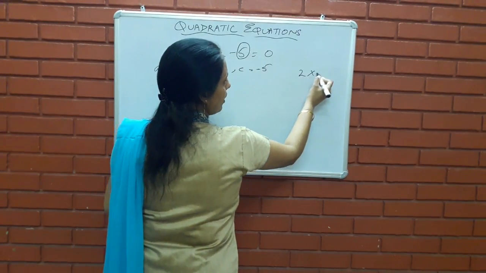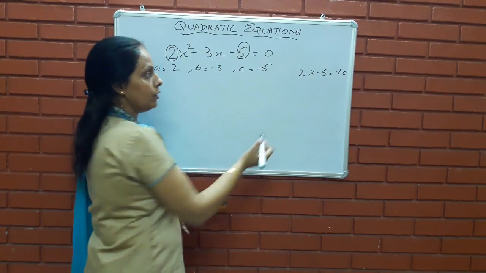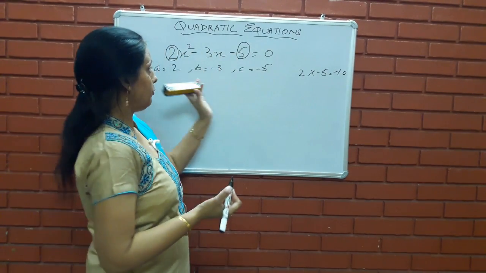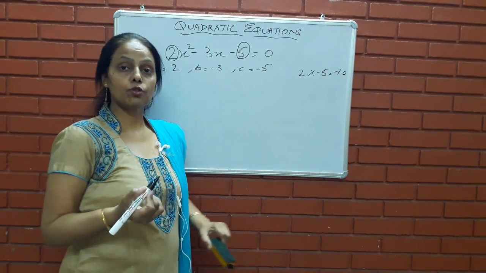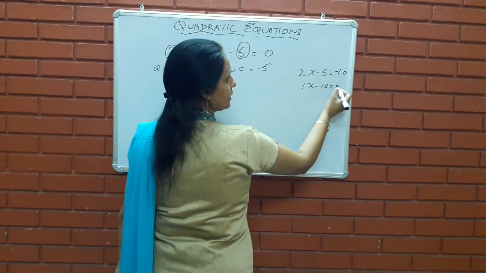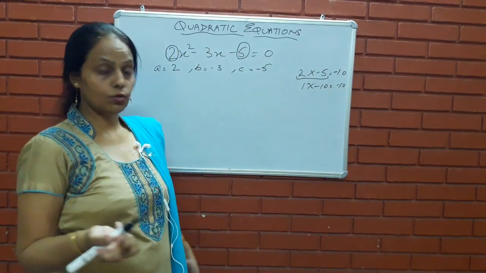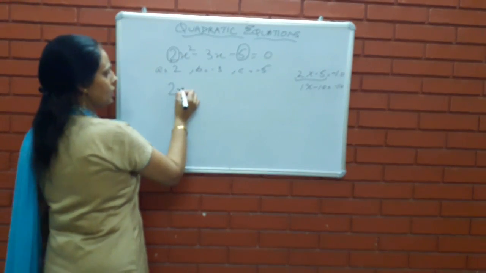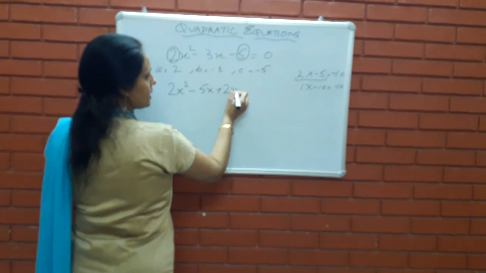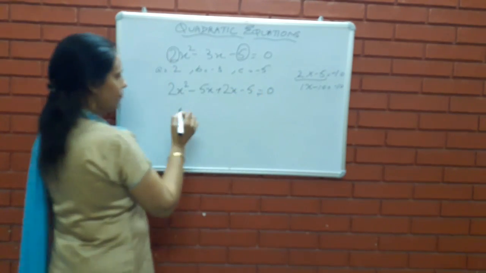So 2 into minus 5 is minus 10. Now we want to find the factors whose product is minus 10, but whose sum should be equal to minus 3. So we can have these two pairs. If we take this one, the sum is minus 3. So we can split the equation this way: 2x squared minus 5x plus 2x minus 5 equals 0.